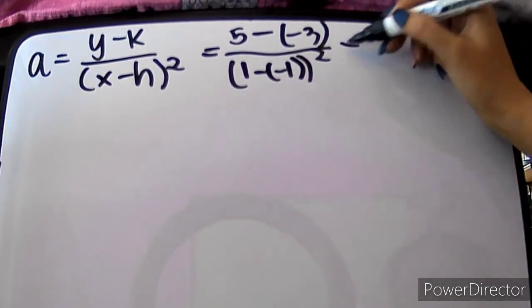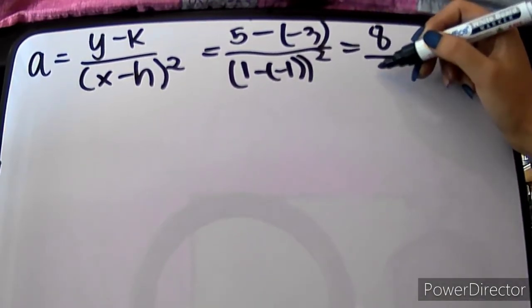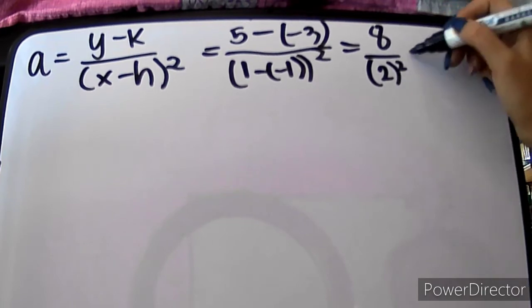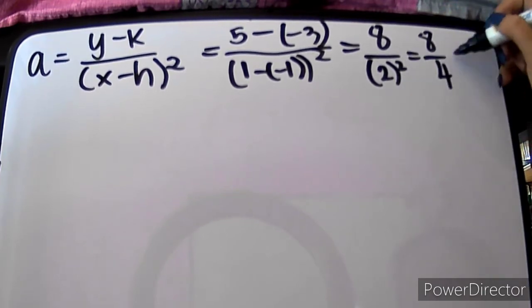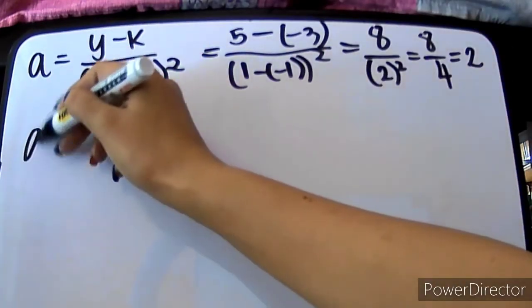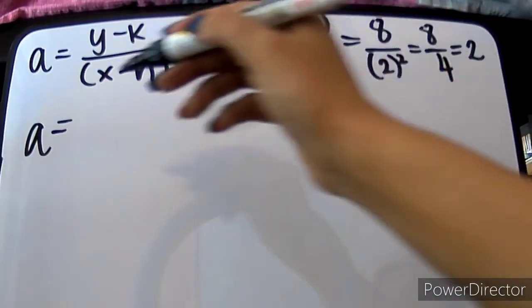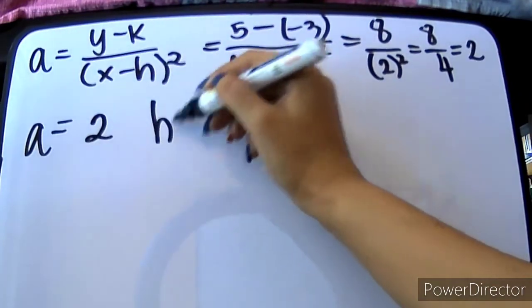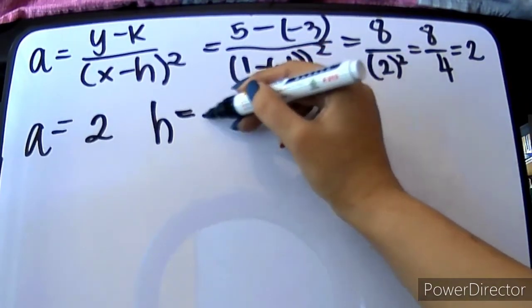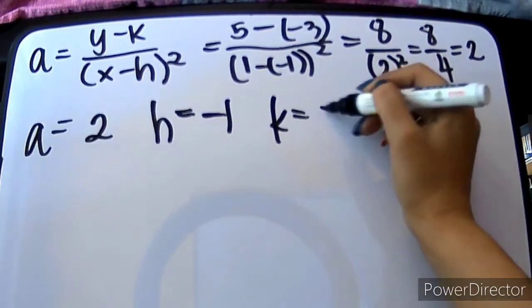So, this is equals to 8. This is 2 squared, which is 4, so 8 over 4 will give us 2. So, ang ating a is 2. H is -1. K is -3.